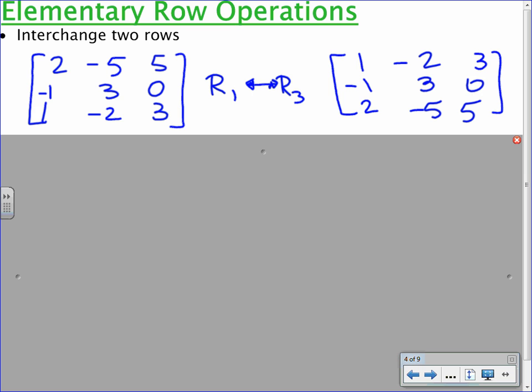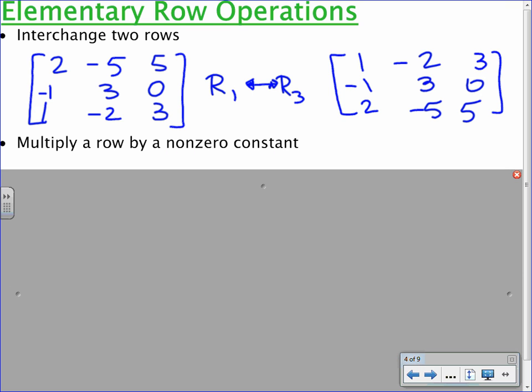I can take two rows and change places. I will tell you in a little bit why we remember these other pictures. But we need to know what's legal first. So we can interchange two rows.